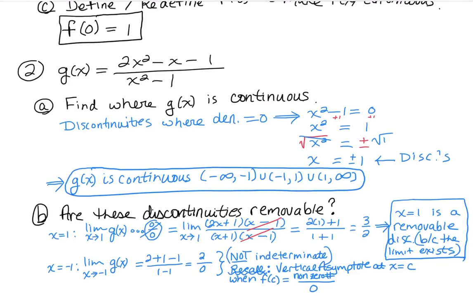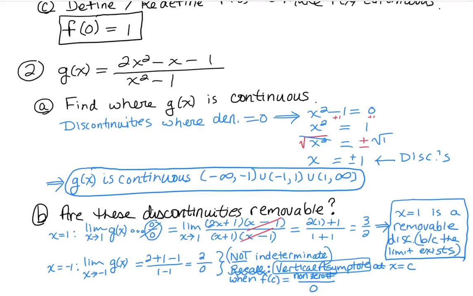So what we really have here with this non-zero number over 0 is a vertical asymptote situation. So we have a vertical asymptote at x equals negative 1. And so that tells us it's definitely non-removable.